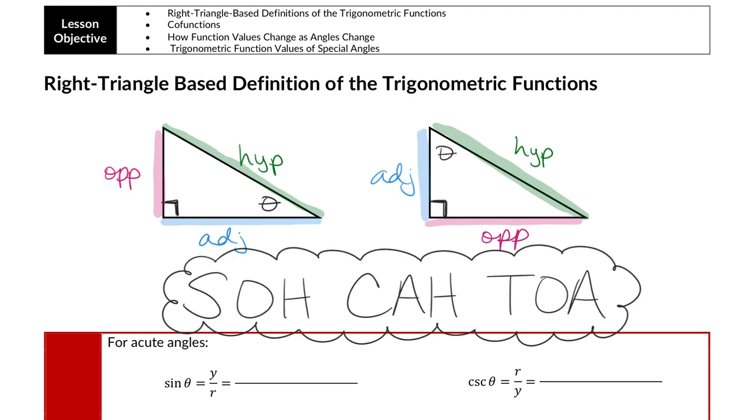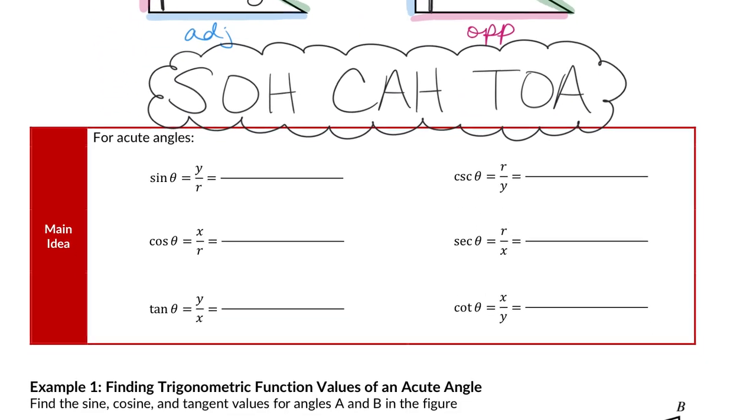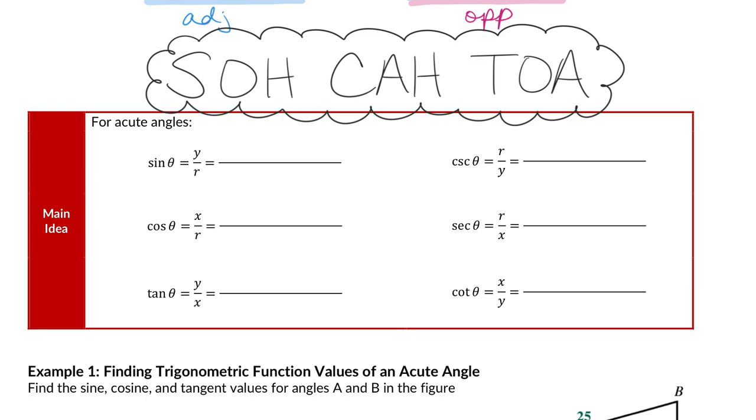Because really, if you remember SOHCAHTOA, and you remember which functions are reciprocals of which, you might not even need to write down what's in this next box, because SOHCAHTOA tells you everything. I would write it down because it's our notes, but if you can remember SOHCAHTOA, you got it all. For sine of theta, which we defined in the last chapter to be y over r, we can now call that the opposite over the hypotenuse.